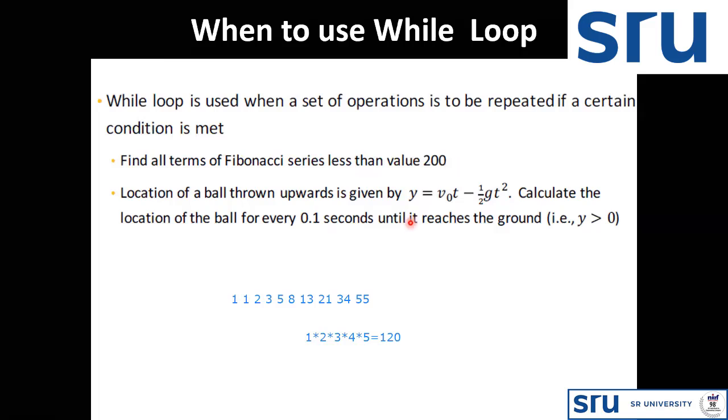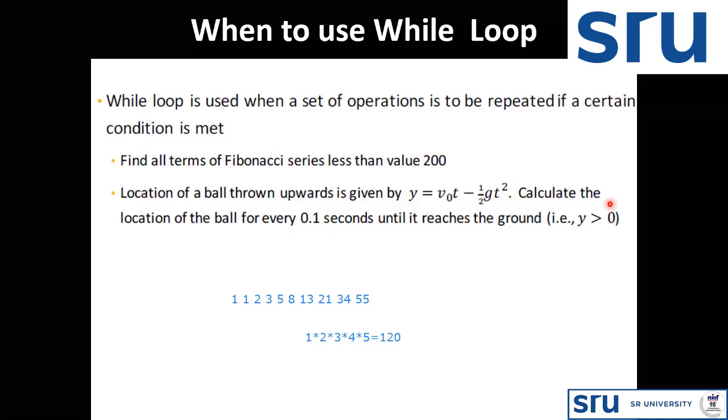Similarly, the second example is that you have projected one ball with a velocity and the location is this one. You have to calculate the location of the ball for every 0.1 second until it reaches the ground. So the condition is that until it reaches the ground, the y value should be greater than 0.